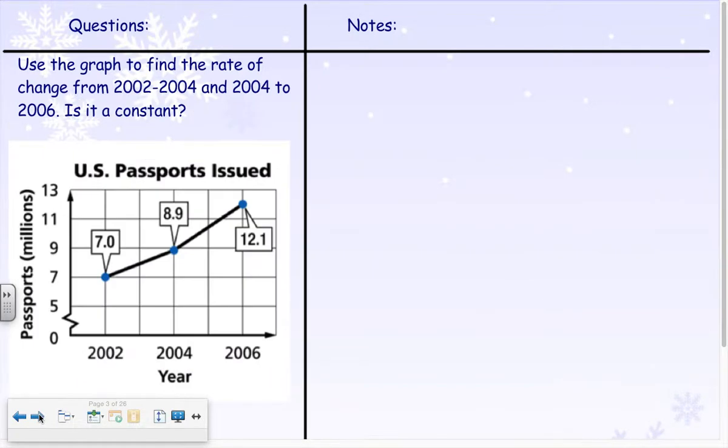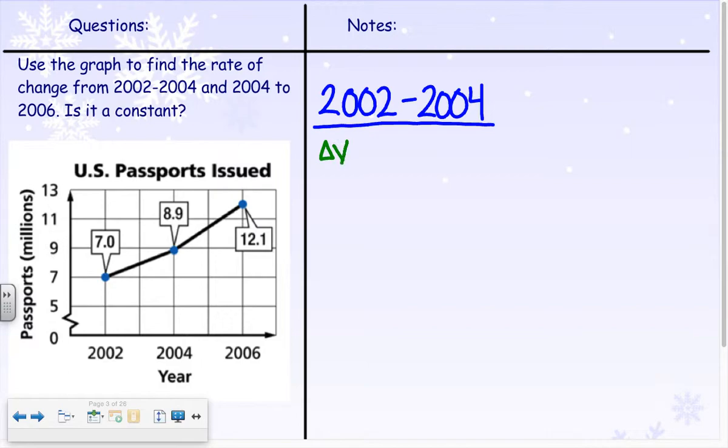All right, second one. This time we're looking at the number of U.S. passports issued. First we're going to look from 2002 to 2004, and then 2004 to 2006. So 2002 to 2004, change in y over change in x. If I start at 2002 and go to 2004, change in y, I'm going from 7 to 8.9.